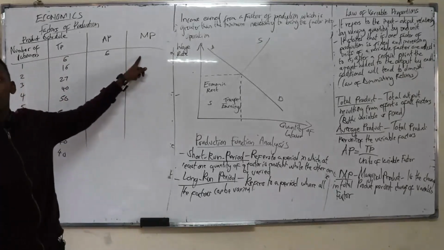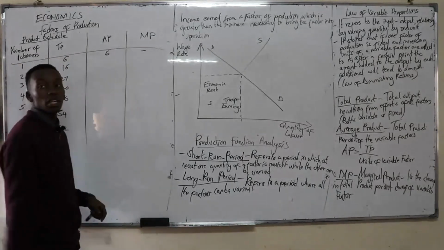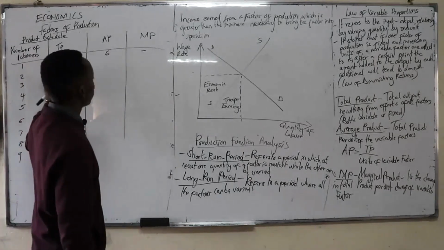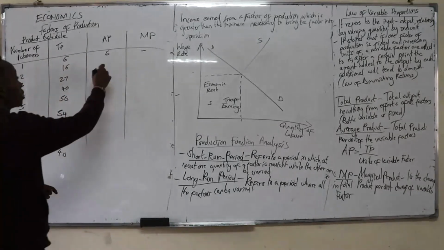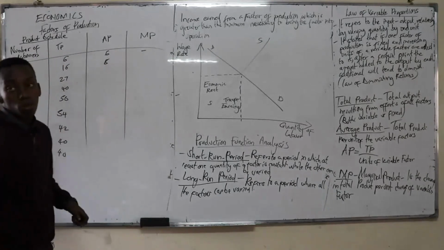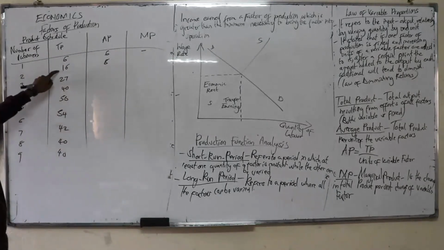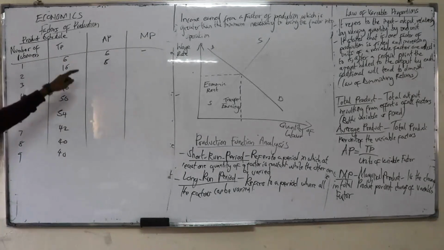Because it's the first one, we won't have one. But for the second one, the average product will be 16 divided by 2, which is 8. And the marginal product is the change in total product due to change in the variable unit, so 16 minus 6 is 10.